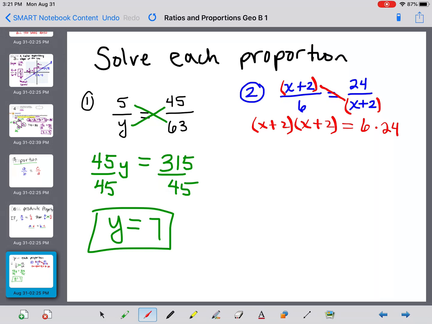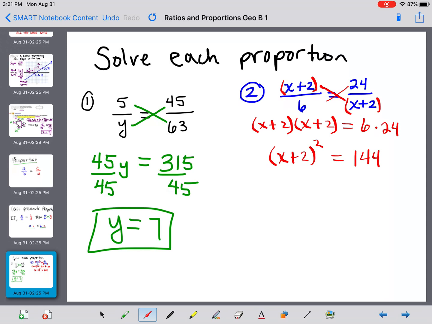And x plus 2 times x plus 2, if we're multiplying the same quantity, we can rewrite that as x plus 2 to the second power, which equals 6 times 24, that equals 144.